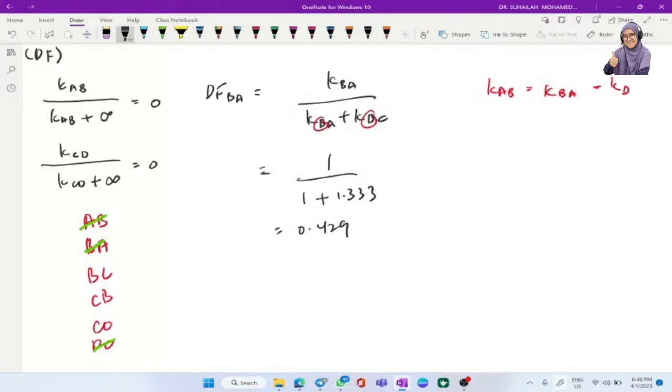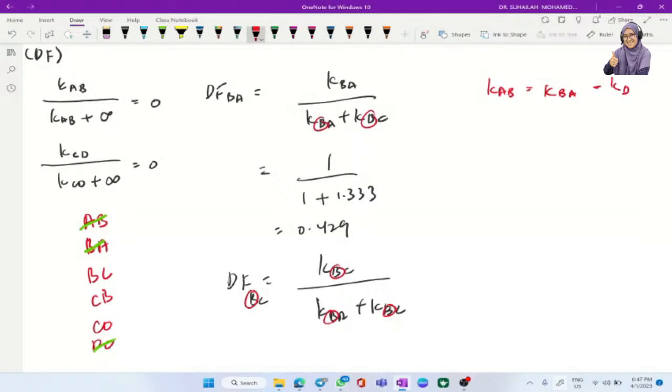We can write like the previous one, it means KBC divided by KBA plus KBC.